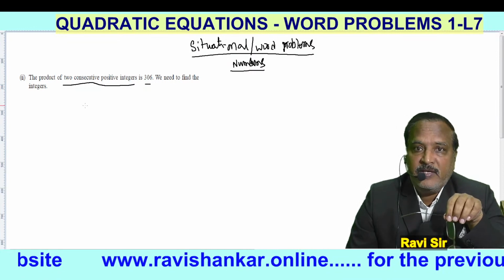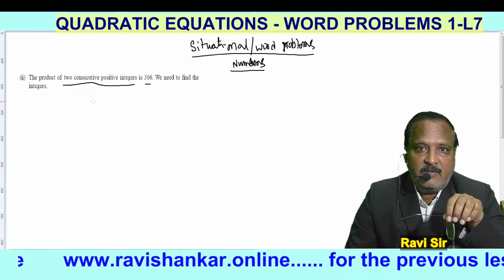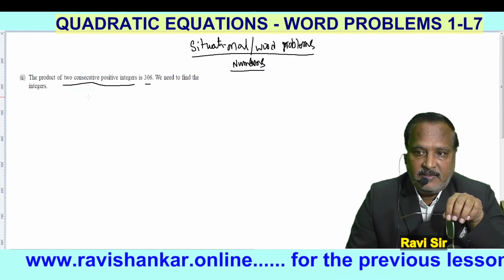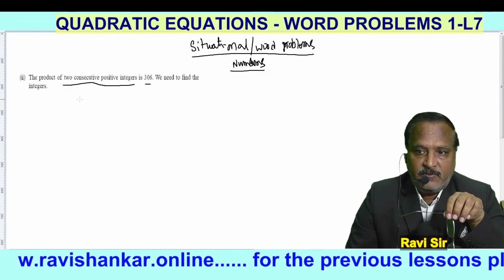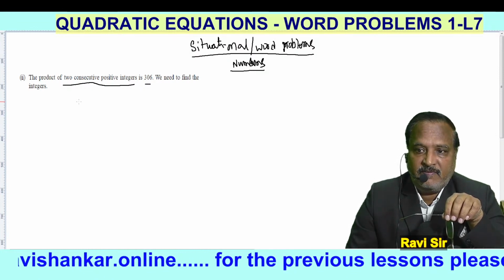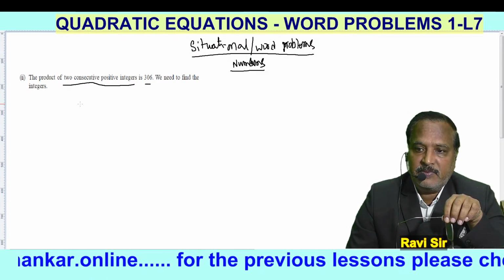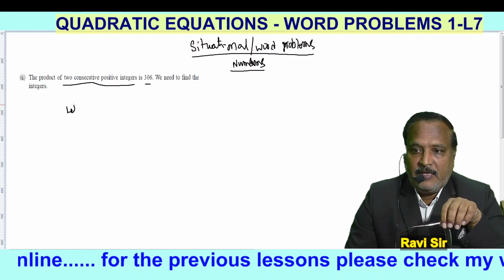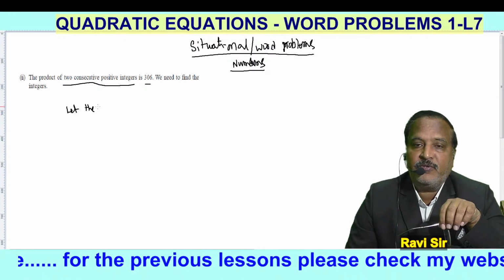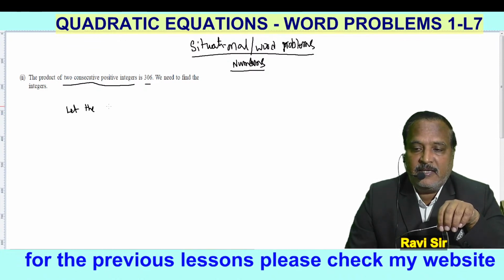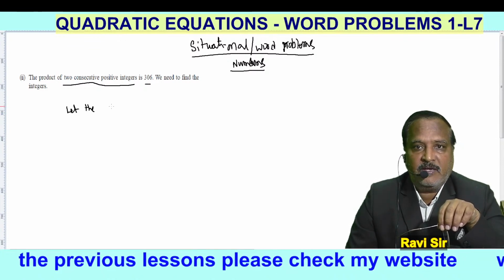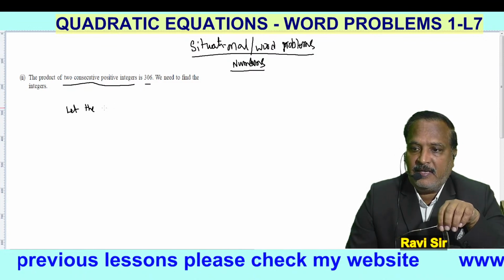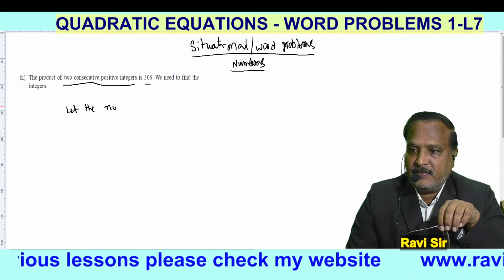This question you can do by using one variable, and two variables also, but let us do it with one variable. Two consecutive positive integers. Because we don't know what the numbers are, we have to assume them as a variable.